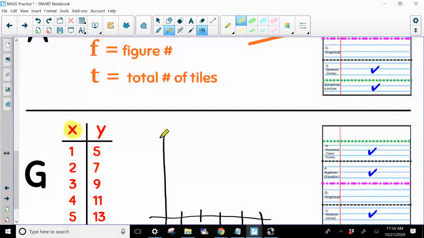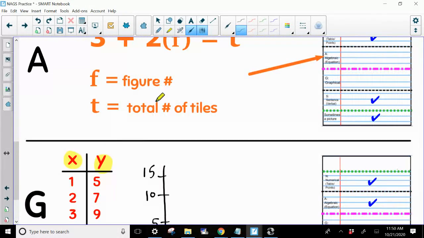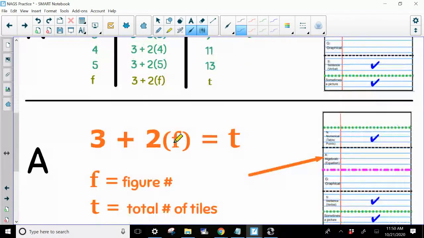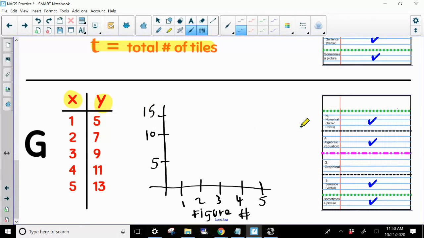So we'll also write that at the bottom because we always have to label our stuff. And our y, we're going to go by 5, 10, 15. This y is going to be our output, and that's going to be our total number of tiles. So we'll also identify that.